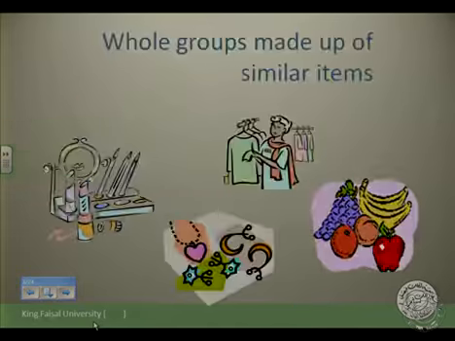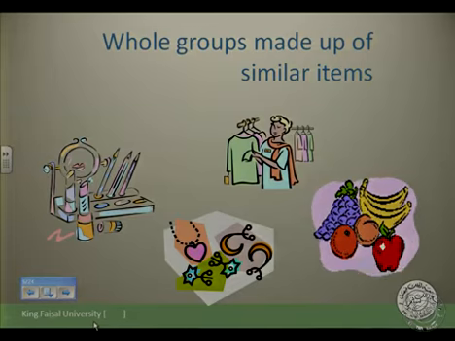Some common non-count nouns. We have the whole group made up of similar items like fruits, clothes, stationery, makeup, jewelry. All of these are things that cannot be counted. We cannot say a fruit.